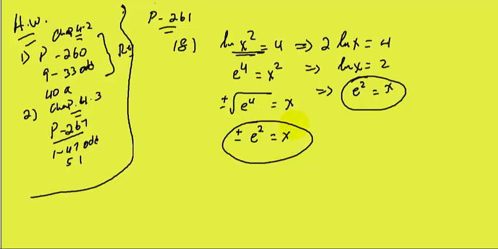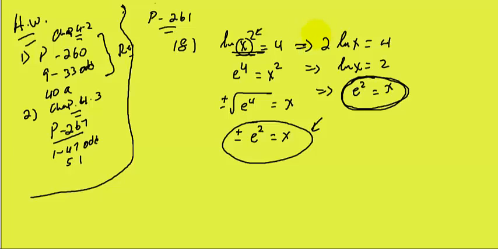So, this doesn't look quite like that one. So which one is the correct answer? Well, the correct answer is this right there, okay, for two reasons. One, you can put a negative e squared in place of that, and then the square will get rid of the negative and you'll get the correct answer, or the positive.